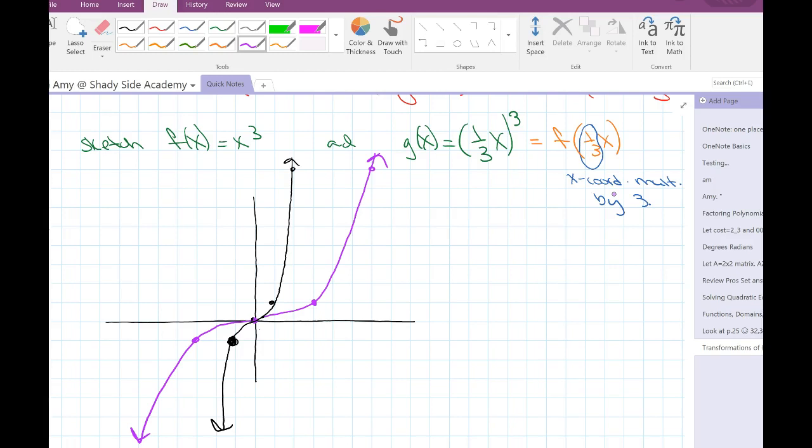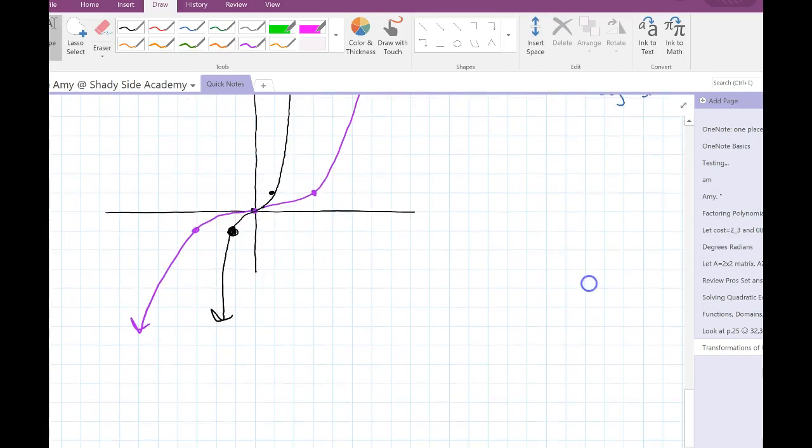In fact, I will address how you convert between a horizontal shrink and a vertical stretch and vice versa, okay? That is the screencast for today.